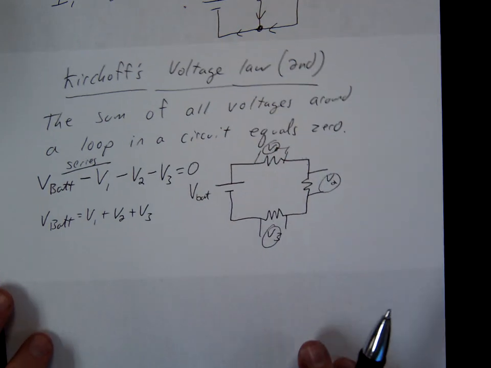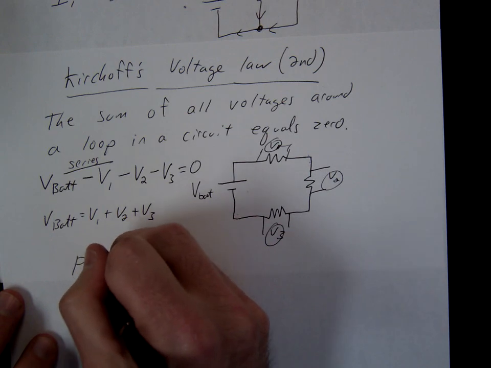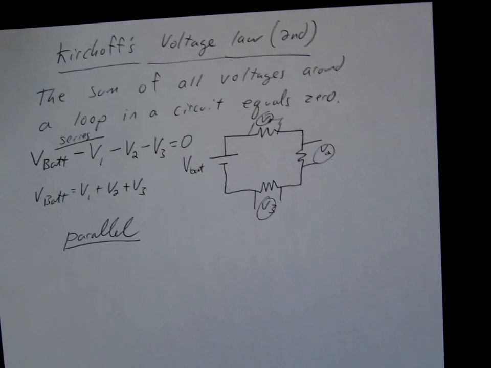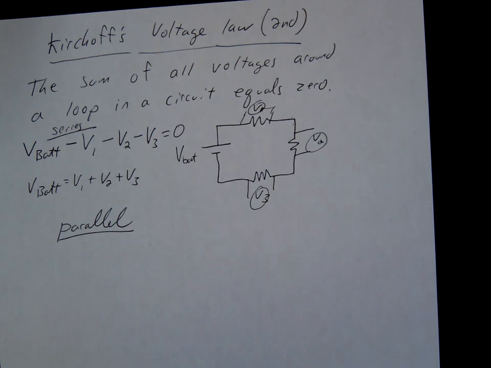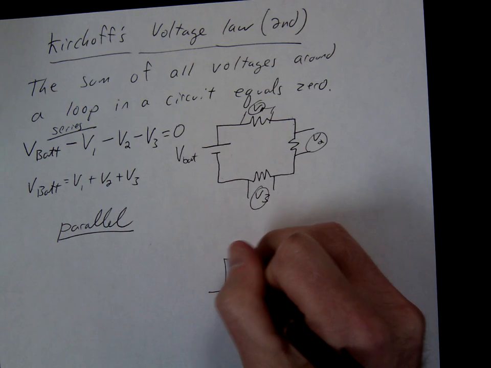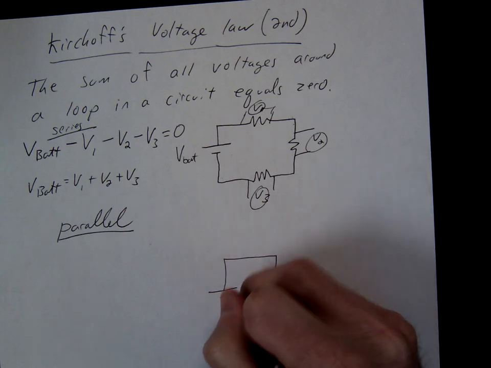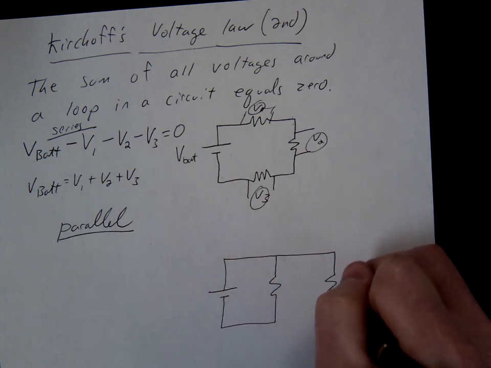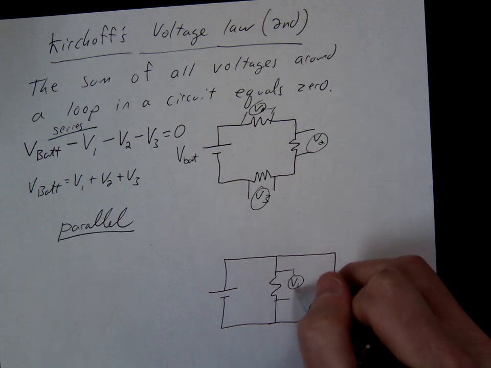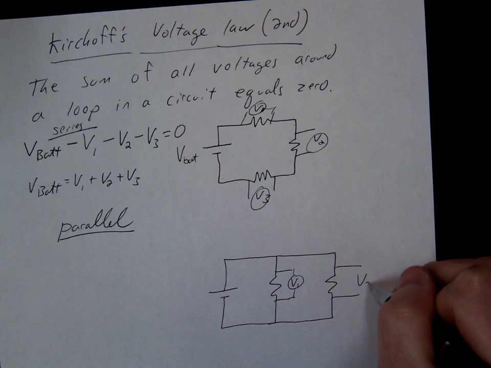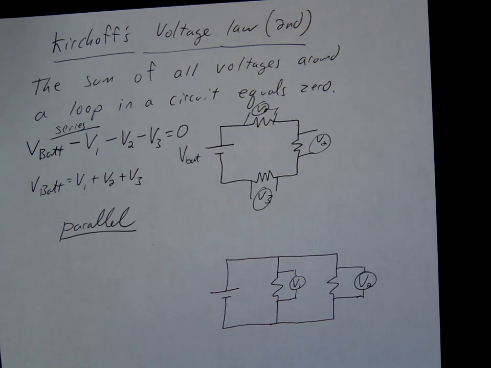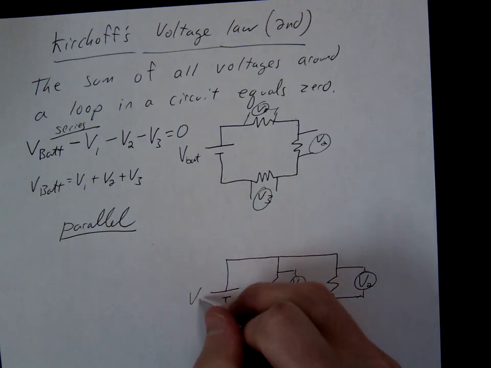Let's do it for a parallel circuit. Okay, parallel circuit looks like this. Let's just do it for 2. So maybe this is our V1, this is our V2, and this is my V bat.